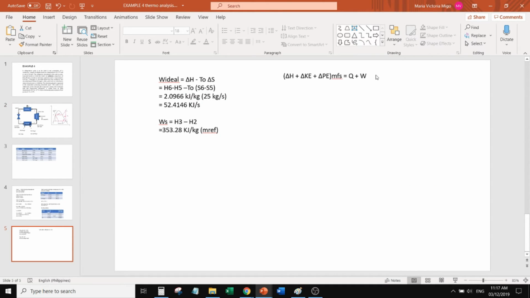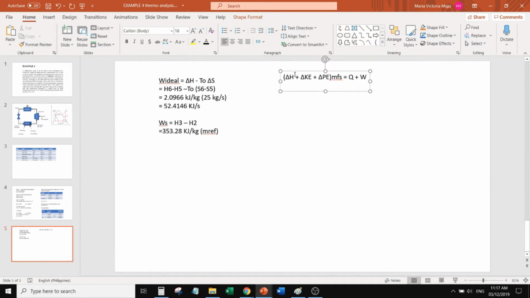If that's the case, all the inputs and all of the outputs just equal 0.